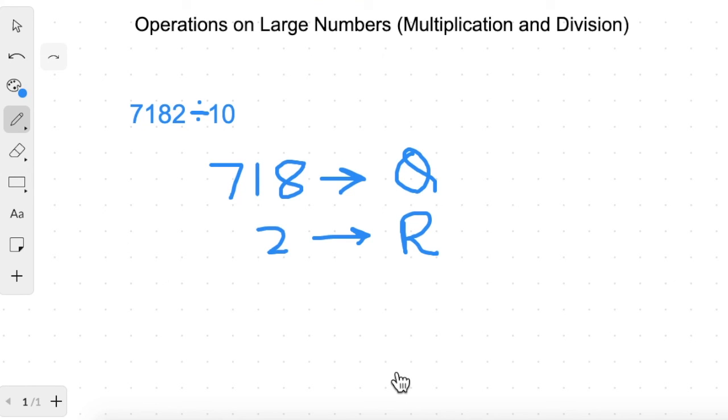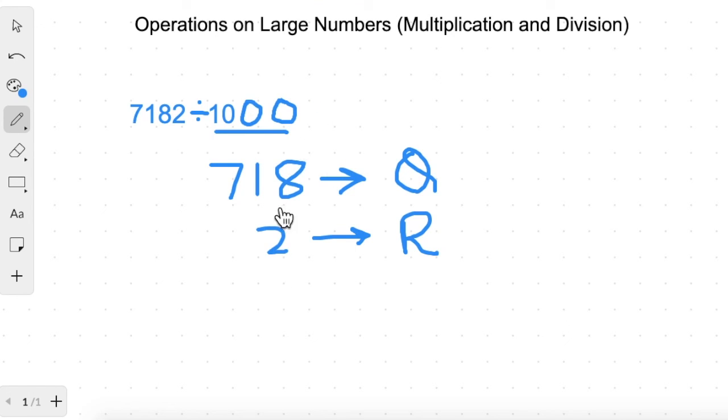Do one thing, take a few numbers and divide those numbers with 10 and find out what is your quotient and remainder. Observe what is happening. Same thing, do it with 100. And after 100, do it with 1000 and observe what is happening.